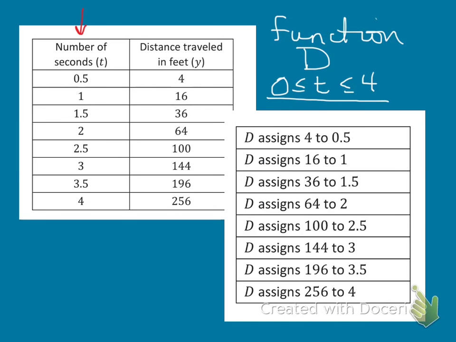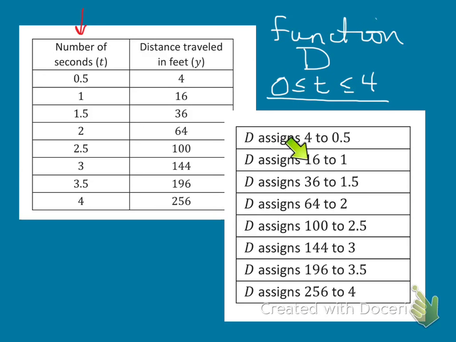Another way to say that is that our function d assigns a distance for every number of seconds between 0 and 4. So instead of the way we have it over here, we could say d assigns 4 to 0.5.